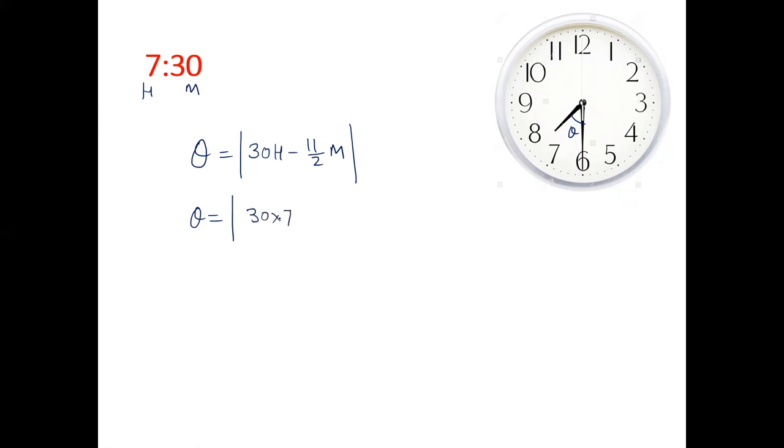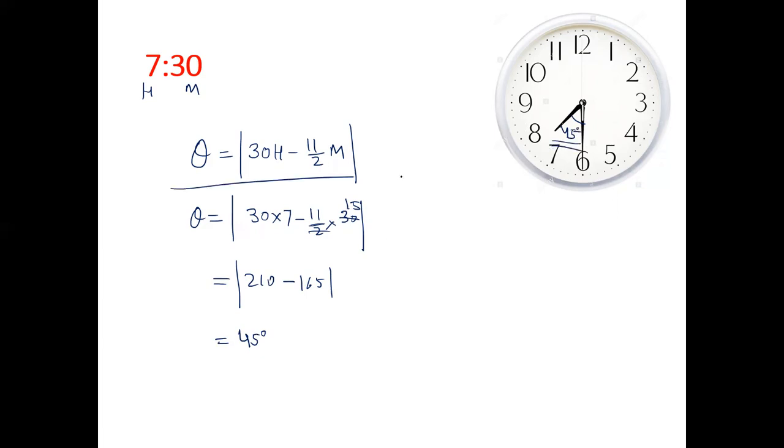We have written this modulus, that is, if the value is negative, we'll write it as positive. 30 into 7 is 210. And when you cancel this, 11 into 15 is 165. So on subtracting the two, we get 45 degrees. So the angle between the minute hand and hour hand at 7:30 is 45 degrees.